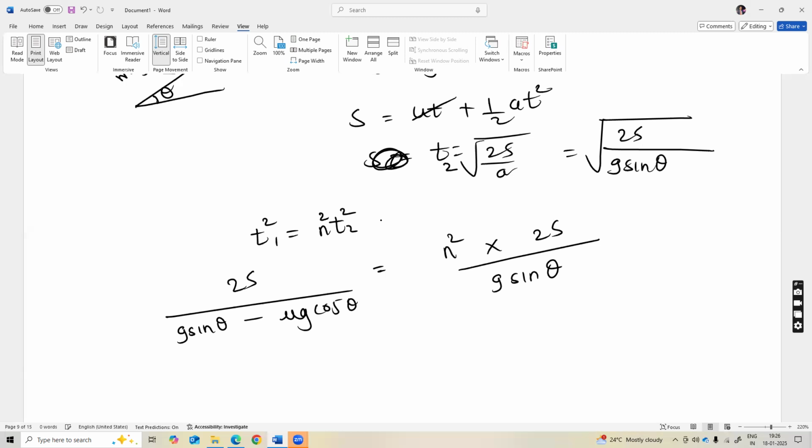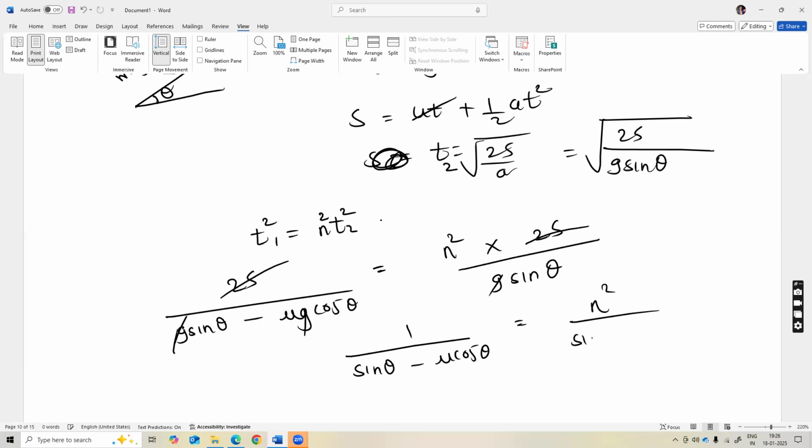Okay. Now 2s will get cancelled with each other. g will get cancelled from the denominator on both sides. So what we will get is 1 upon sine theta minus mu cos theta is equal to n square upon sine theta.